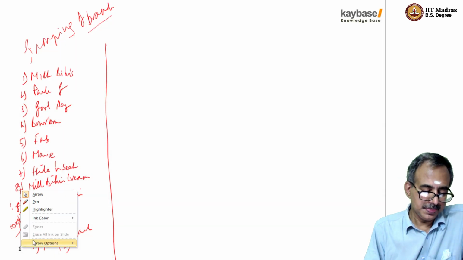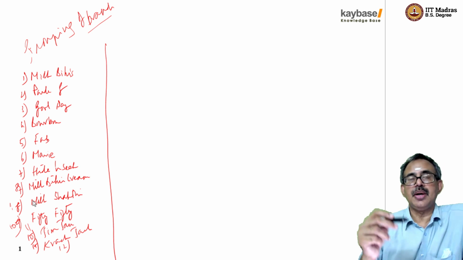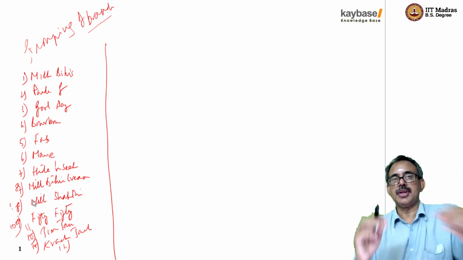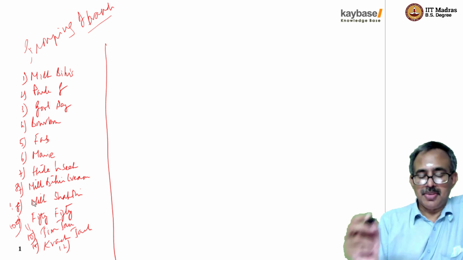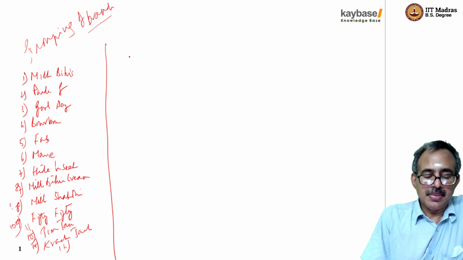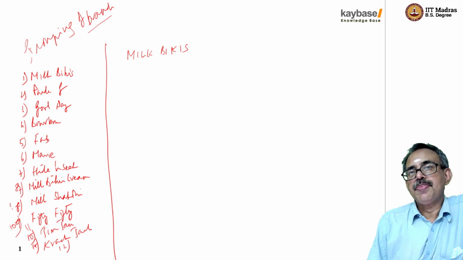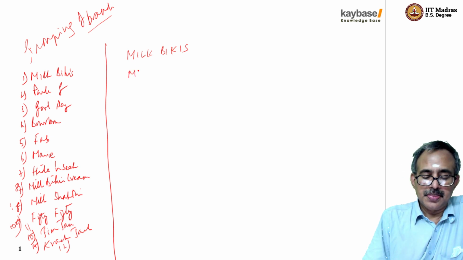Now tell me, you have to start telling me brands that you'll put near each other and I'll keep writing them. Okay. Milk Bikis. Please remember consciously. Milk Bikis. Which brand will you put near that? Milk Shakti.